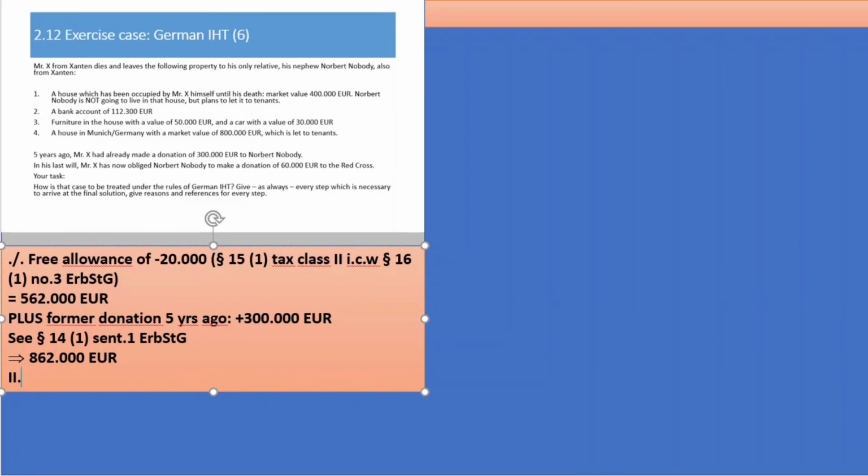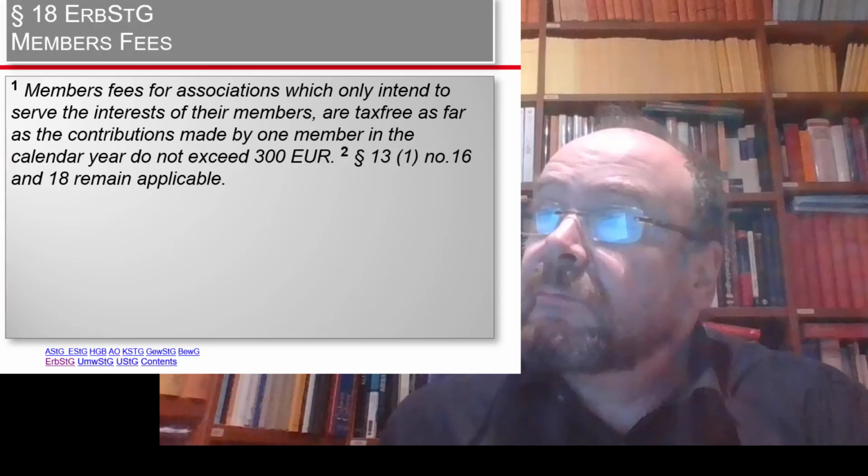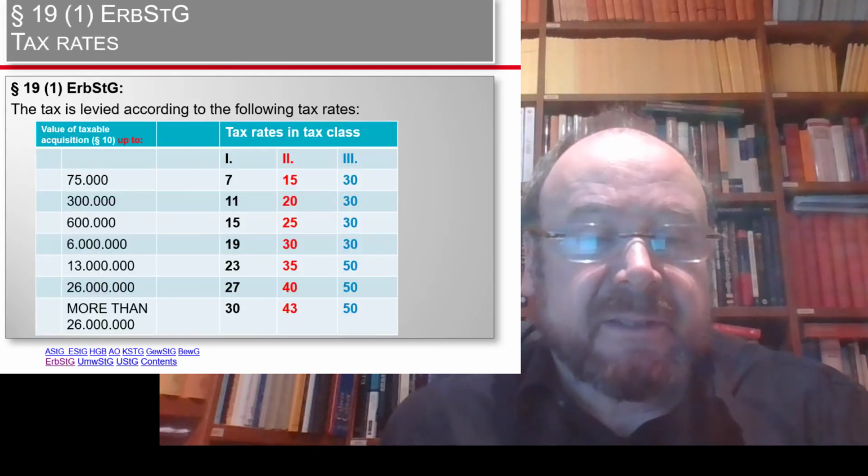Now we need to look for the tax rate and tax for this. Well, you know, we need paragraph 19 of the Inheritance Tax Act. And now nobody can remember that. So we will have to look for the right bracket. 862,000 in tax class 2. Let's have a look. And here it is, 19.1.